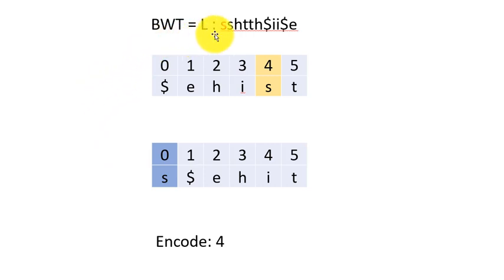The first step is to look at the first character of the sequence, the BWT encoding sequence. As we can see, the S is an index of 4, so we simply record this index here. And then after this step, we move the S to the front, and then it becomes index 0.